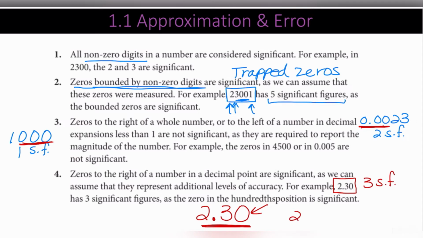Maybe the number was 2.29876 and so on, and you want to round to 3 significant figures. Well, in this case, it's going to either be 2.29, or because the number next to it is bigger than 5, then we have to go up. And so we have to go up to 2.30.